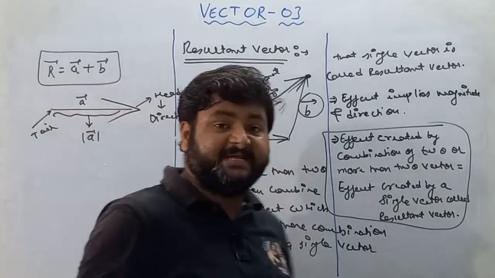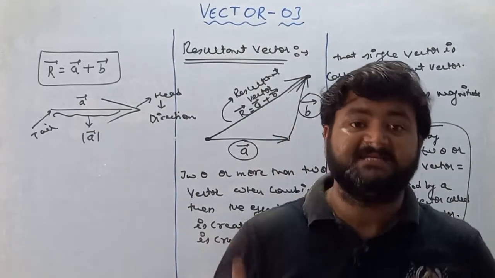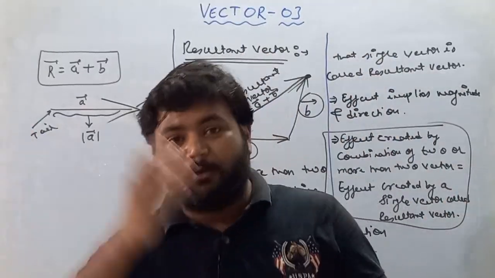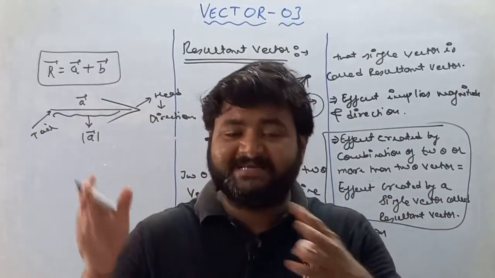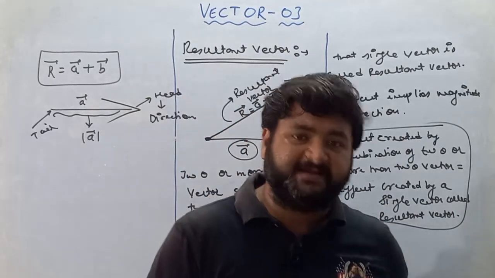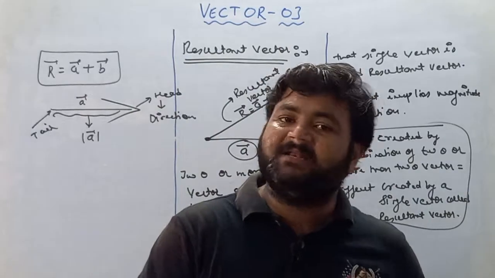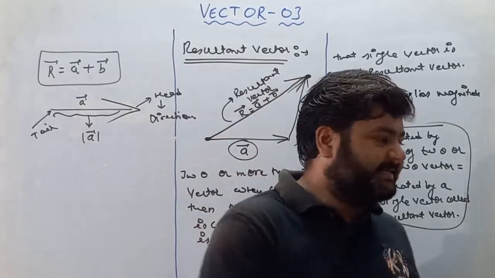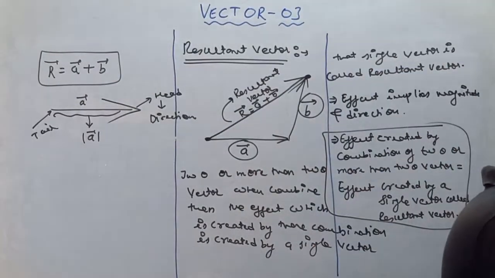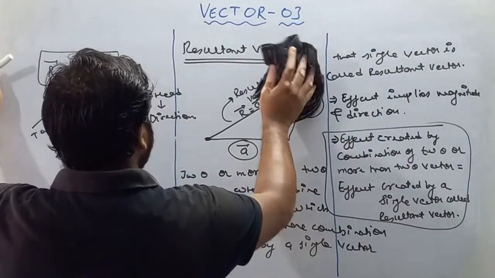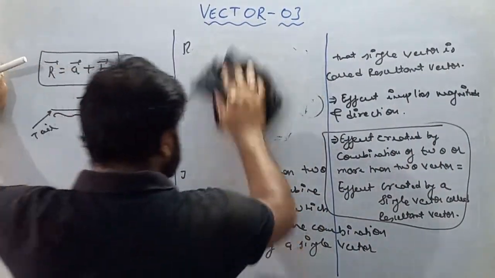So remember, the effect created by the combination of more than one vector is equal to the effect created by a single vector called the resultant vector. I hope you all understand what a resultant vector actually is.